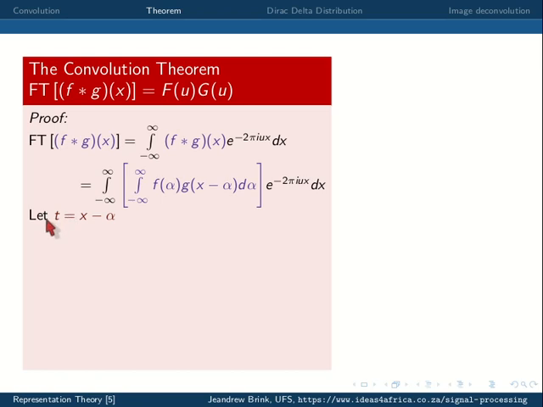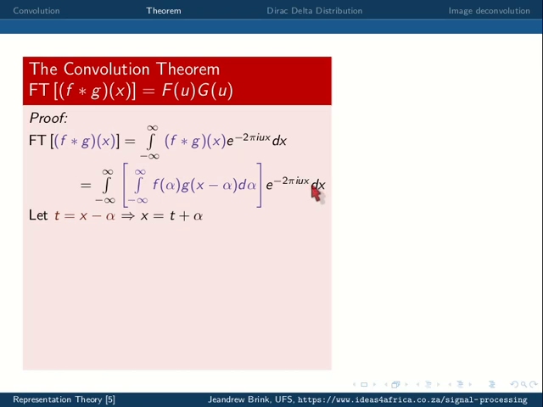But the moment we say t equals x minus alpha, because we're replacing x minus alpha with a new variable t, wherever x appears we now have to replace it with t plus alpha. The only other place besides this where x appears is over here.